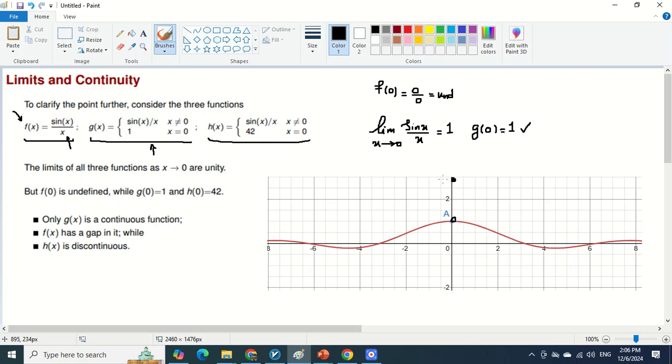It's too far away from the limit, which is equal to 1, and because of that the function h of x is not continuous at the point 0, and as you can see h of 0 is equal to 42. So the only function that is continuous out of these three cases is the second one, and the remaining one has a gap and has discontinuity.